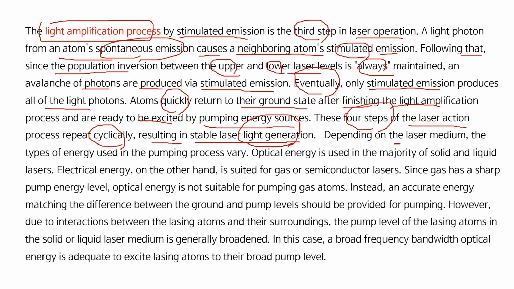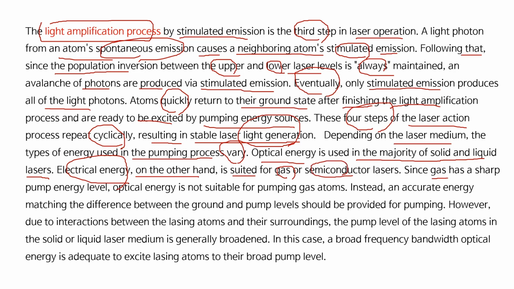Depending on the laser medium, the types of energy used in the pumping process vary. Optical energy is used in the majority of solid and liquid lasers. On the other hand, electrical energy is suited for gas or semiconductor lasers.